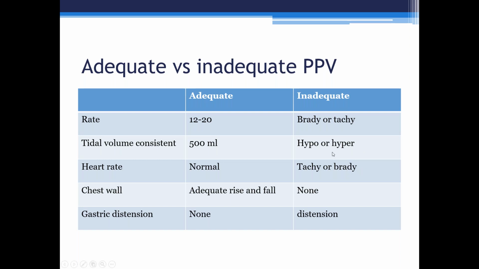If I'm not squeezing the bag enough, or if I am squeezing the bag too much, this could be reflected in our heart rate. So if they are not getting the oxygen they need, we could notice that their heart rate is either going to spike or it's going to drop significantly.